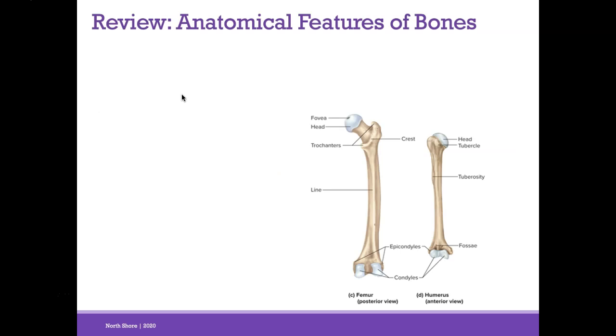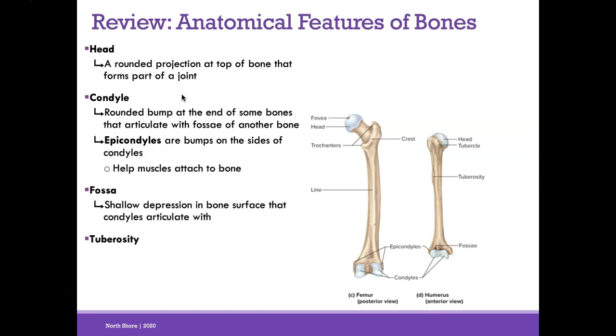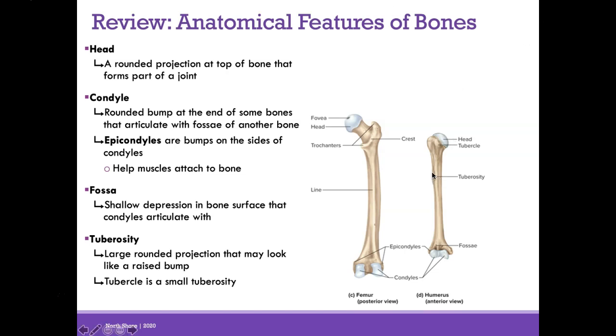I wanted to take a step back and show you some slides that I showed you earlier, because now we have to understand some of these anatomical features of bone a little more in depth. This is a good reference of different types of features on bone and how to describe them. For example, a tuberosity is a bump on a bone that helps muscle attach to it.